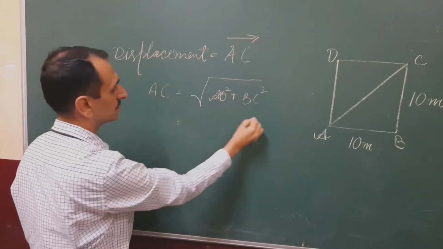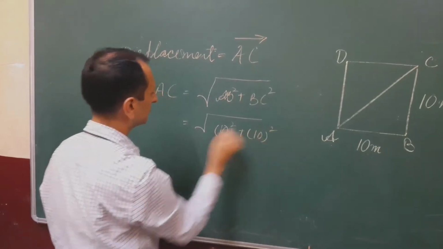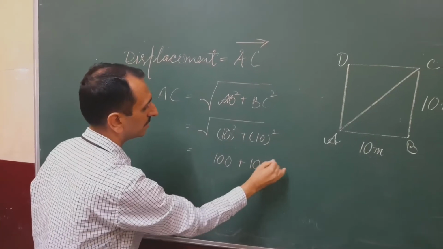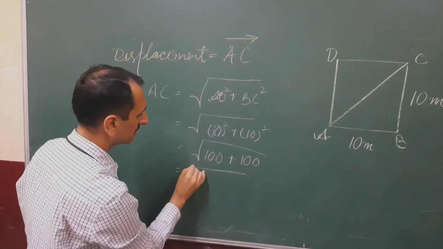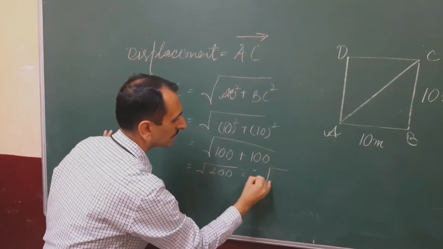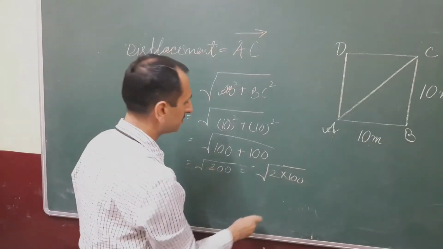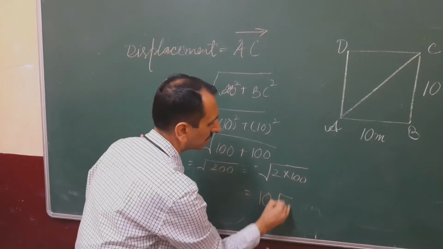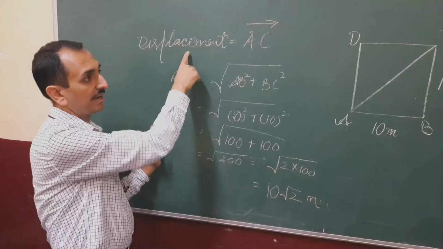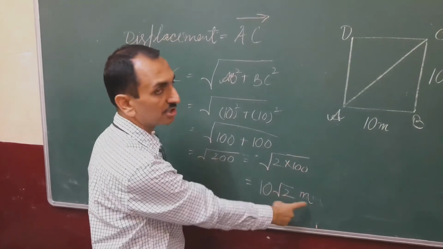So the values: 10 square plus 10 square, it is 100 plus 100, which is 200. 2 multiplied by 100, it will become 10 under root 2 meters. Displacement at the end of 2 minutes 20 seconds will be 10 under root 2 meters.